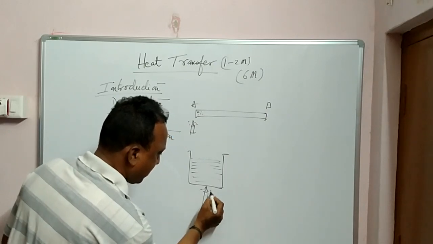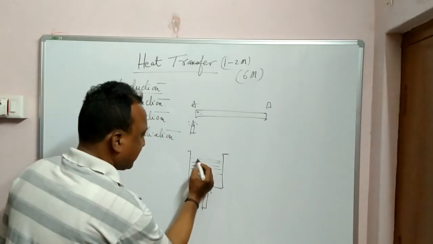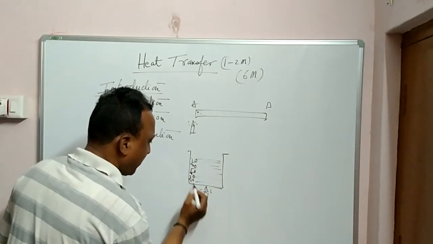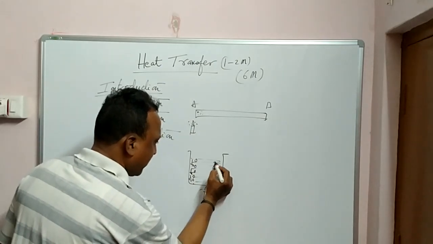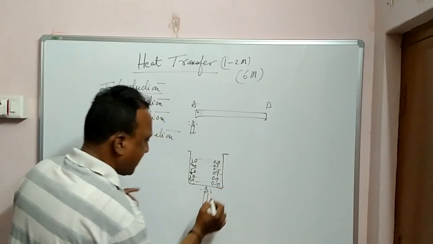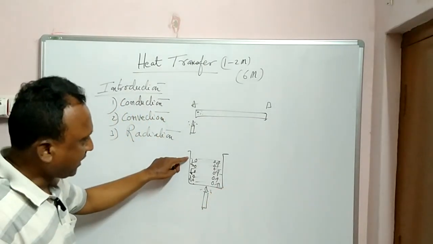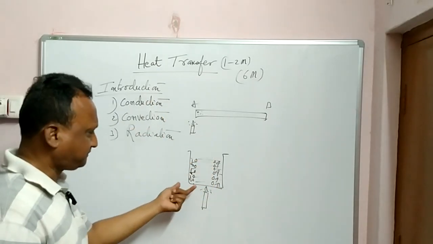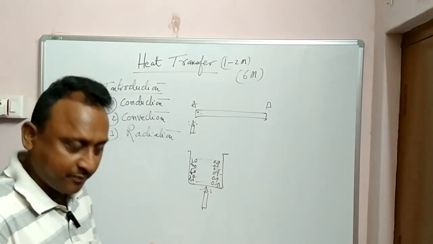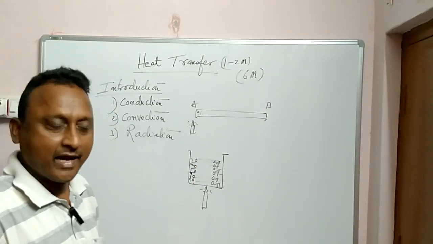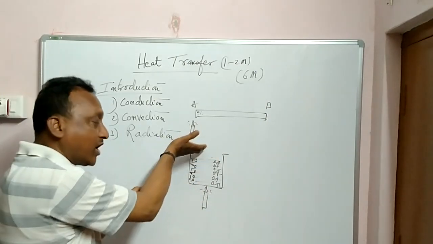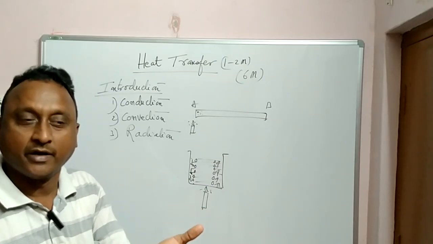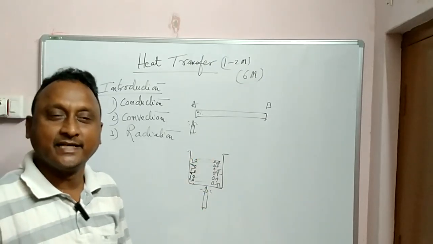When you heat this water, after some time you can see some molecules coming down and some molecules going up. When the water molecules get heated, the density becomes less and they go up. On the top, the cooler water molecules with higher density come down. Again they get heated and go up.